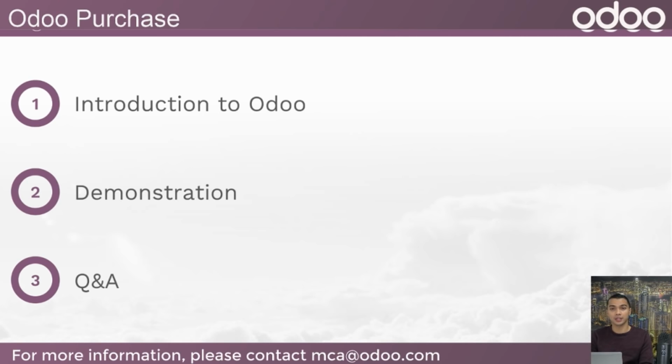So for today's agenda, I am going to talk about Odoo first, and then I'm going to go deep inside the platform to discuss the functionalities of the purchase app. And then if you have any questions, I can answer them at the end of the presentation.